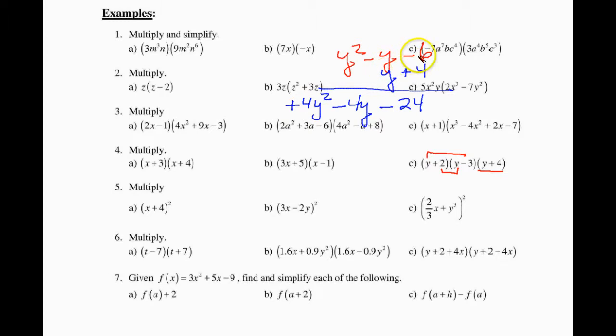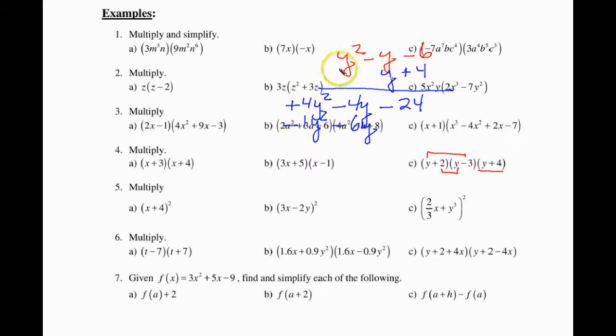Now, y times a negative 6 is a negative 6y, keeping it in my like term columns. This is going to be a negative 1y squared. Again, we don't usually write the 1, but it's a good thing to help you know exactly what you're doing.